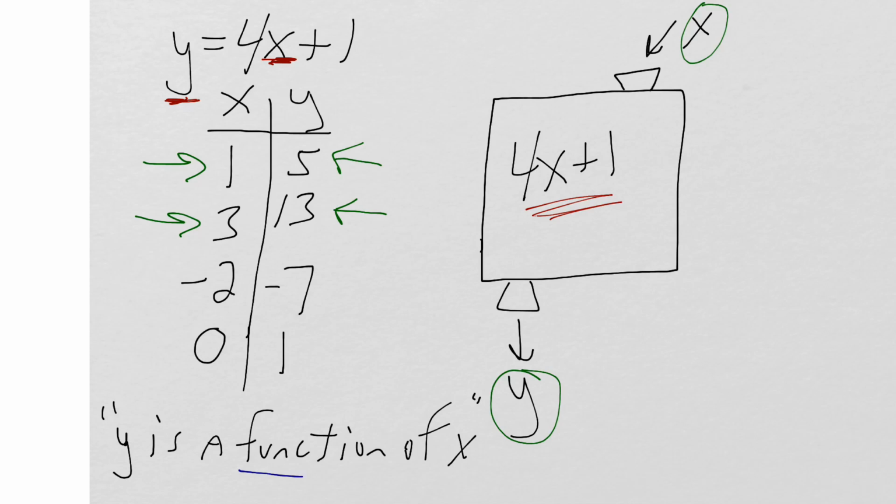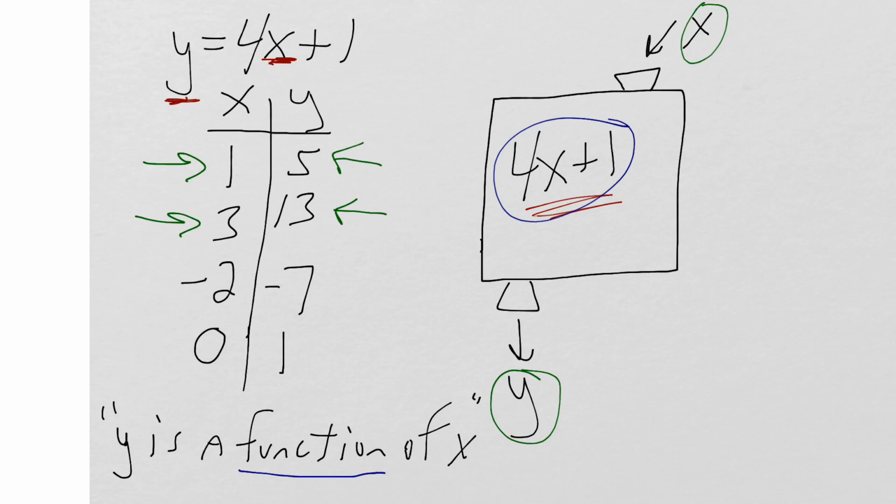The definition of the word function is to have a function means to perform some type of job. So what we're basically saying is to get y, you have to perform some type of job on x. And this is the actual job you perform. To get y, you've got to multiply x by 4 and add the 1. And so any equation that satisfies this particular definition is considered to be a function.